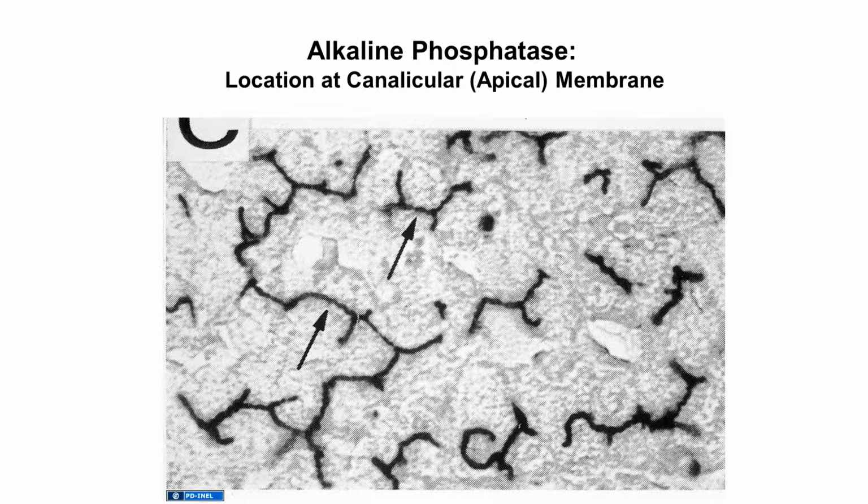The old aging RBCs are broken down by your macrophages, and the hemoglobin moiety is separated into the heme component and your globin component. And the heme component is the one that gives rise to your bilirubin. So there is a normal level of bilirubin production from the breakdown of your hemoglobin from your senescent RBCs.